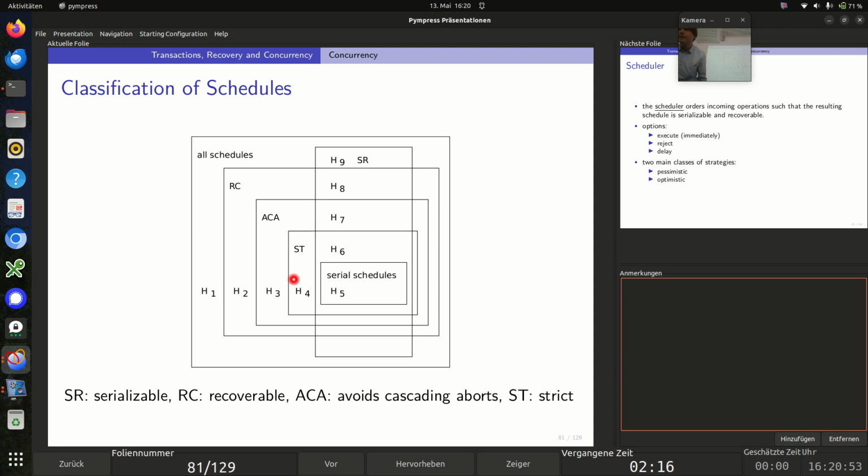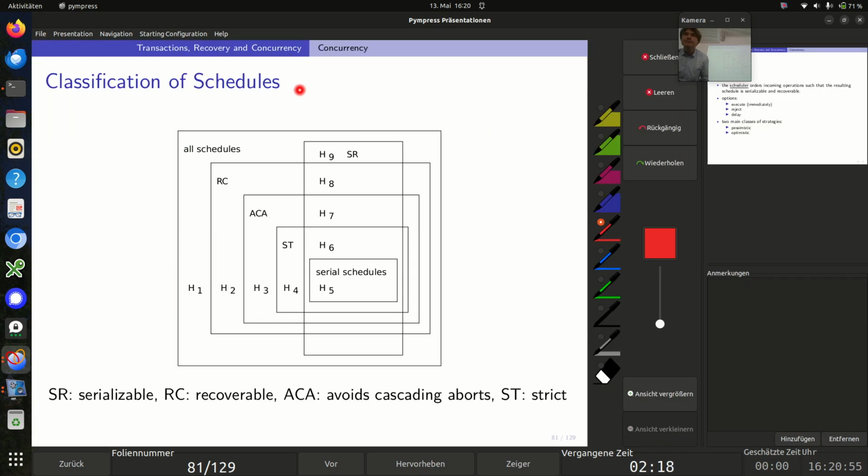So we ended up last time and said, okay, there was 2PL and we had the strict 2PL. And what does the strict 2PL ensure? Both ensure serializability.